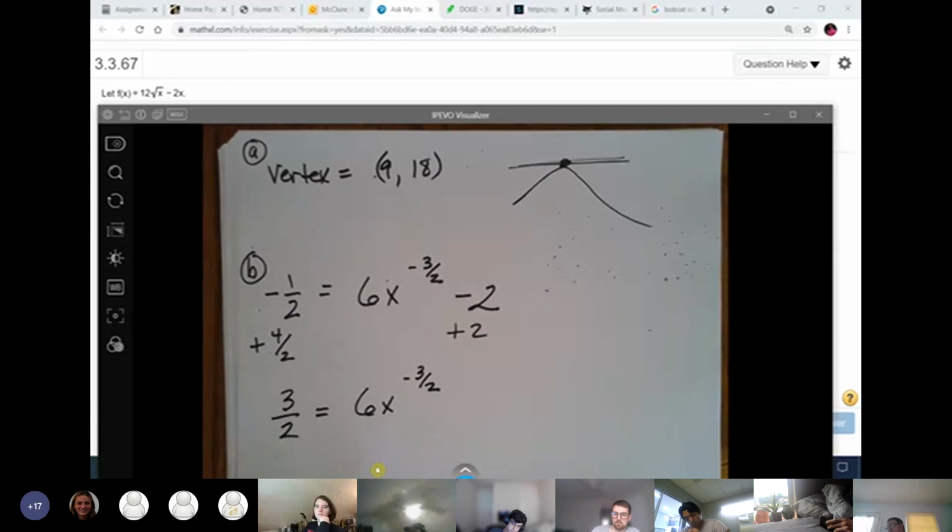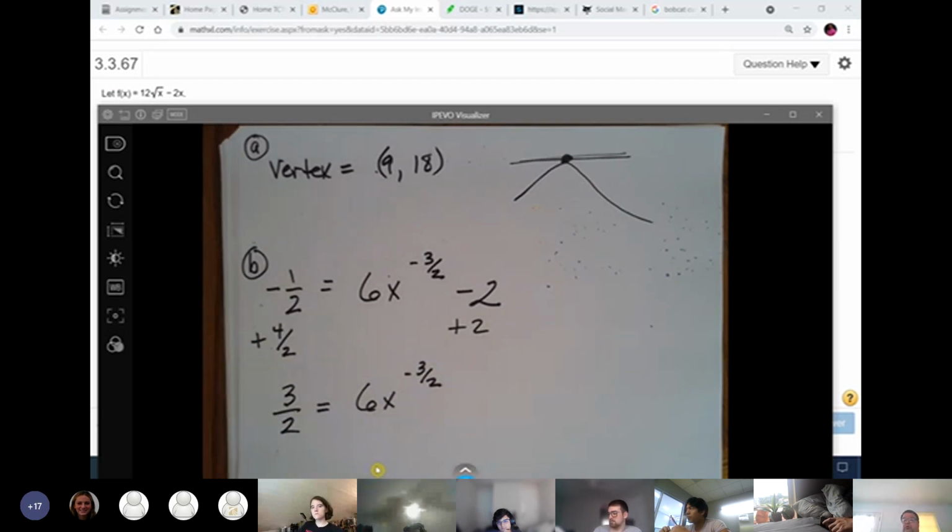Well, you can take the log of both sides, or you could use the definition of a logarithm. I'm going to let y'all figure out which one you want to do.